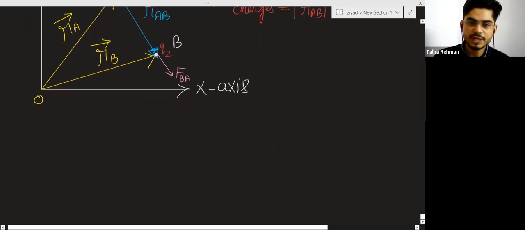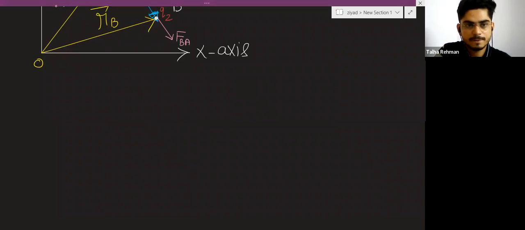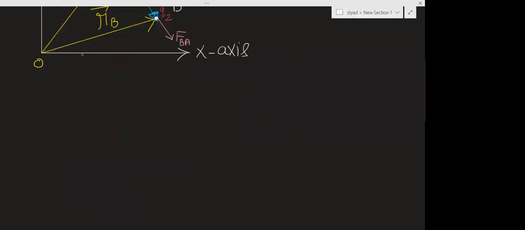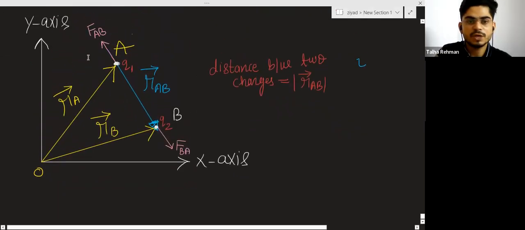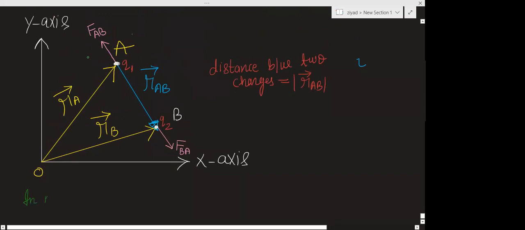And we know that if we want to calculate the force, FBA and FAB will be equal in magnitude.